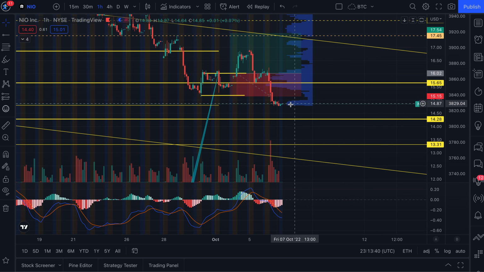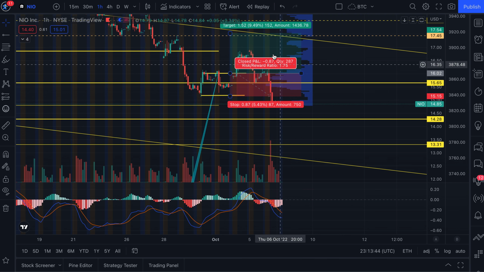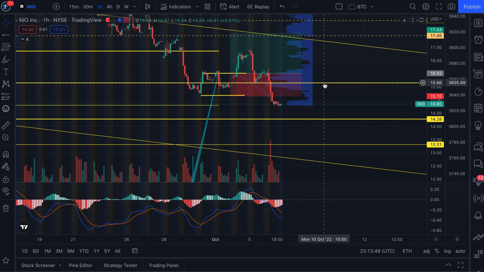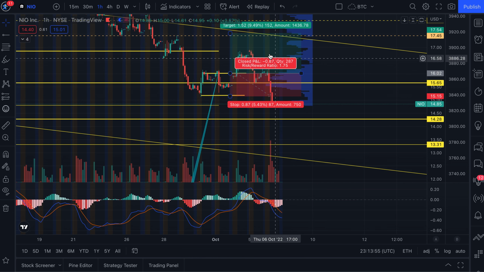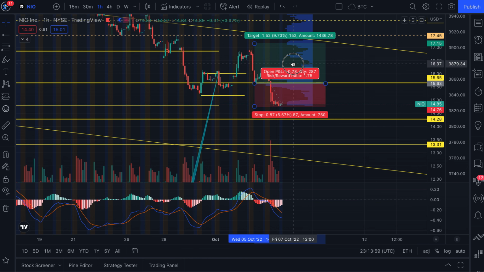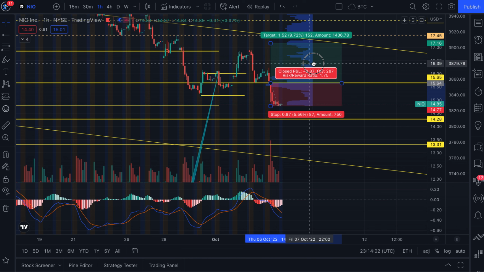Now, the way we're going to draw up this trading plan is that we're going to use our entry to the upside and our entry to the downside on the nearest longer term supports that we have. So we're going to bring this guy basically down to here, and that's our nearest resistance.